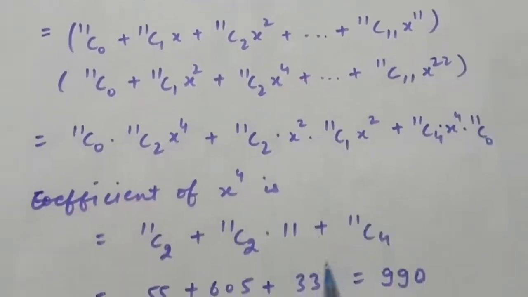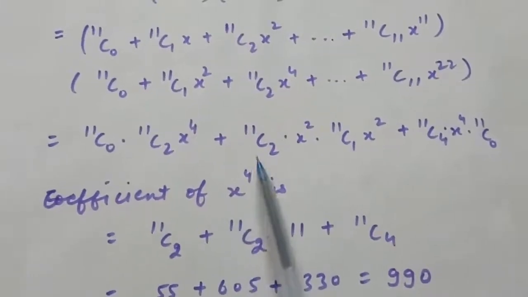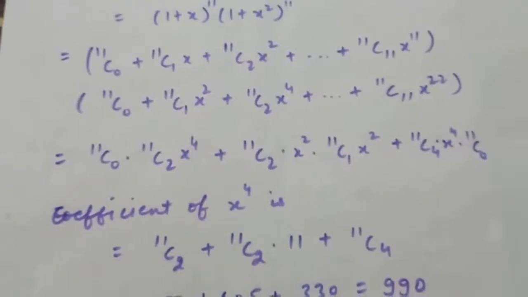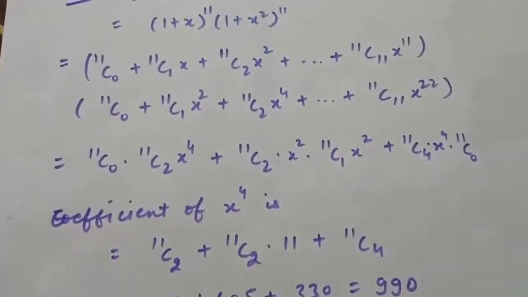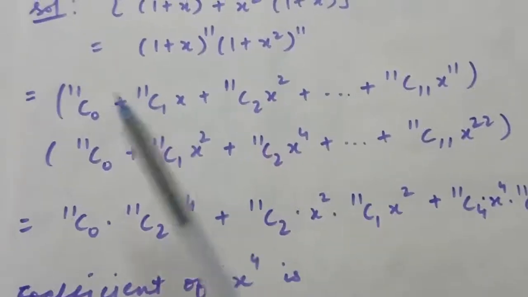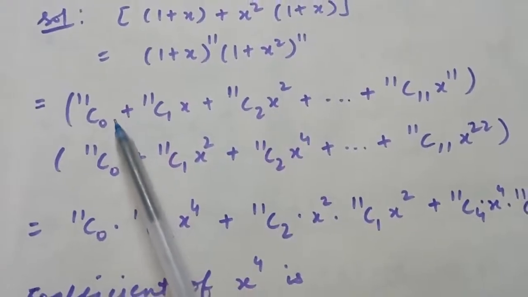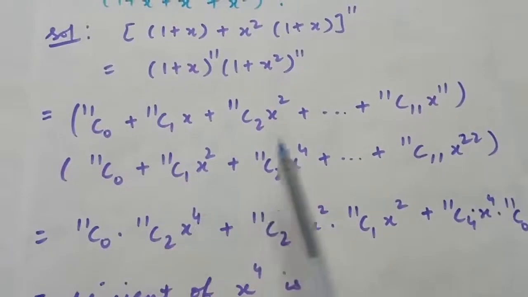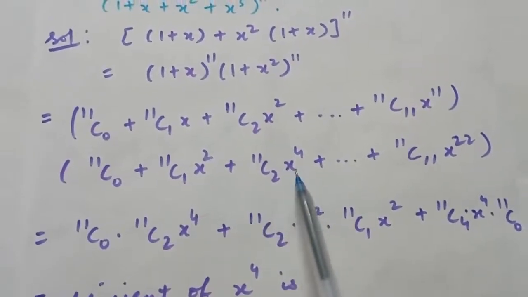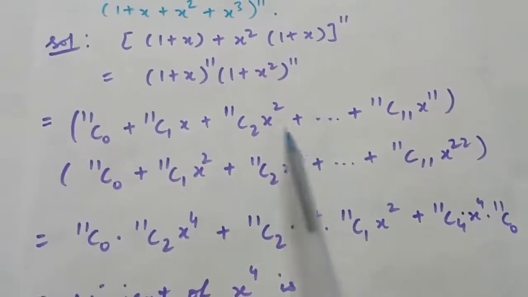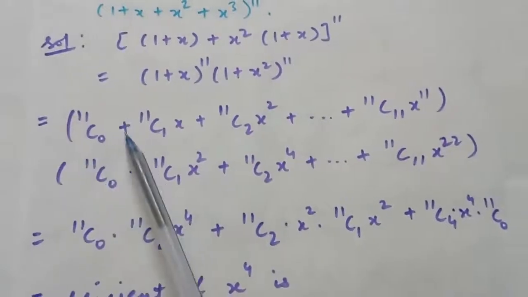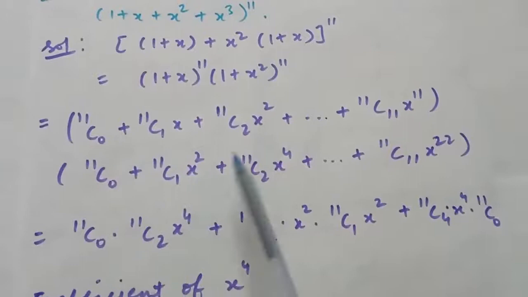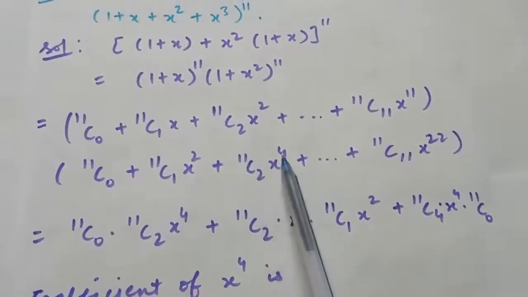Now we want to find the coefficient of x raised to the power 4. So we will collect those terms containing x raised to the power 4. So we can see in this term, power of x is 0. So we have to multiply this with this term where x raised to the power is 4. So the first term containing x raised to the power 4 is 11c0 into 11c2 into x raised to the power 4.